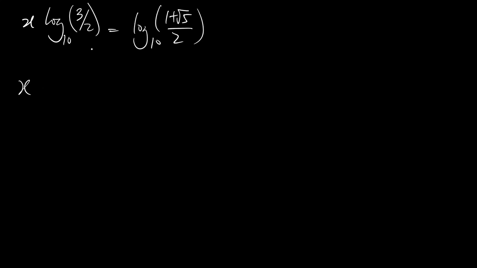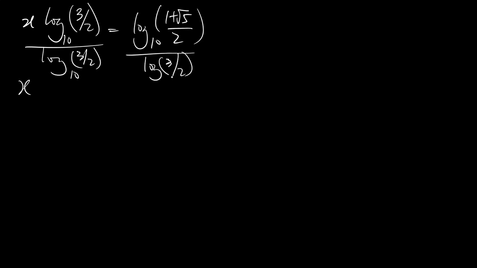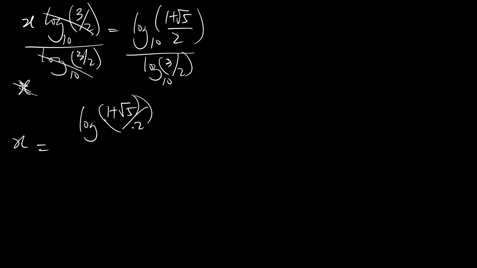So that means dividing all through by log 3 all over 2 base 10, this will cancel out. You now have your x to be equal to log of 1 plus root 5 divided by 2 base 10, divided by log 3 all over 2 base 10.